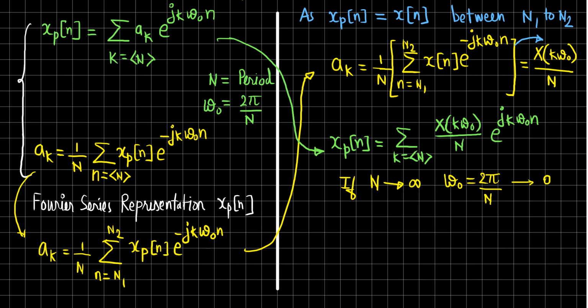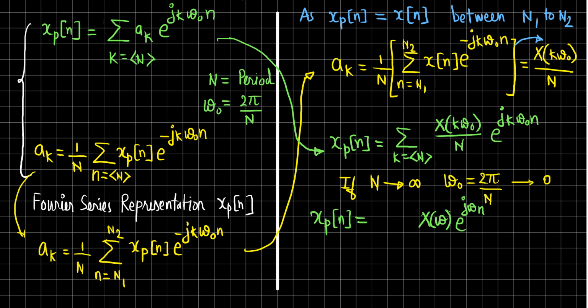So this is going to give you x_p of n equals capital X of omega, this continuous variable, times e power j omega n.